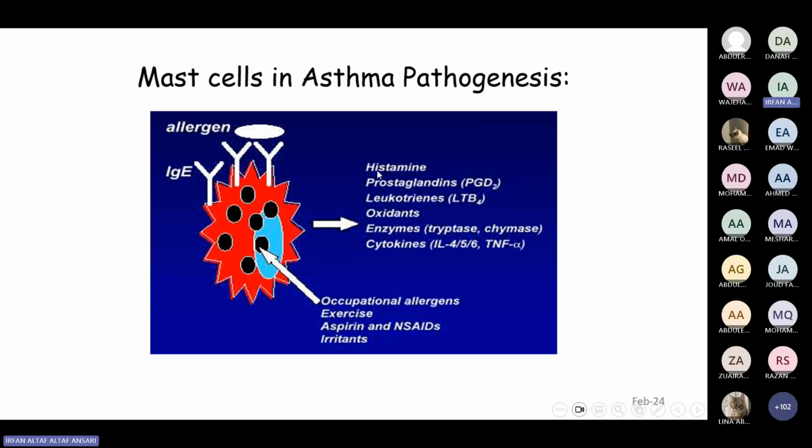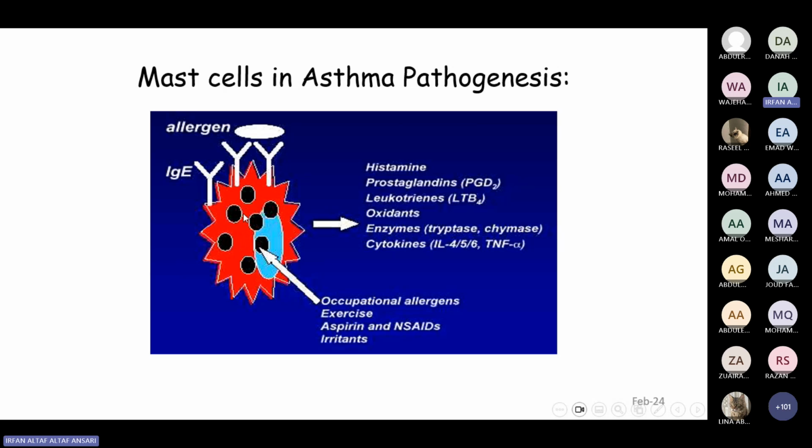These mediators all will lead to bronchoconstriction: histamine, prostaglandins, leukotrienes, especially leukotriene B4, oxidants, enzymes, and cytokines IL-4, 5, 6 and tumor necrosis factor alpha. These mast cells can also be activated by occupational allergens, exercise, and so on.